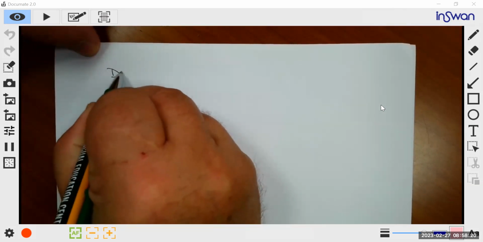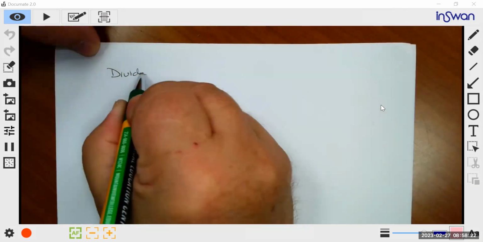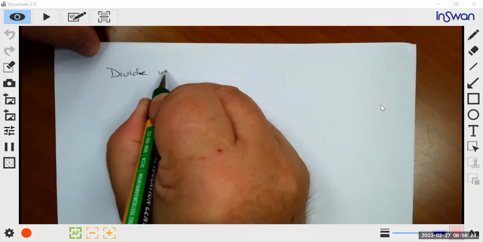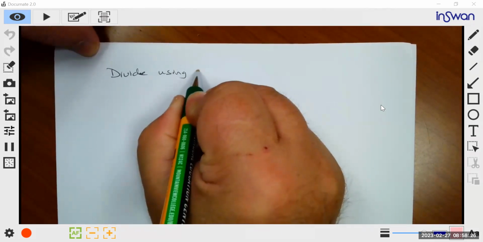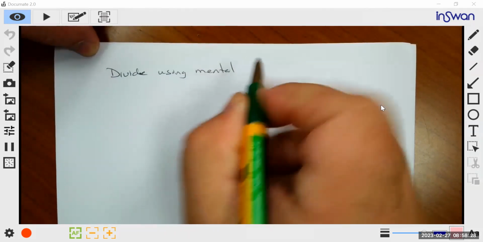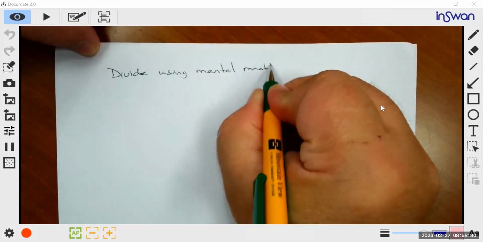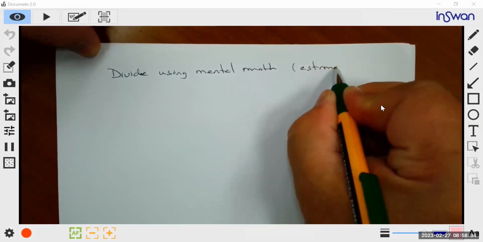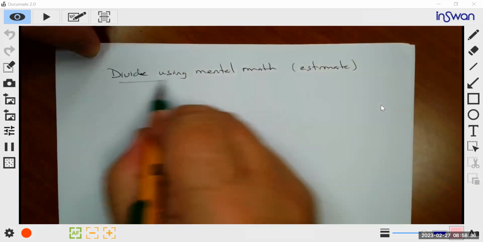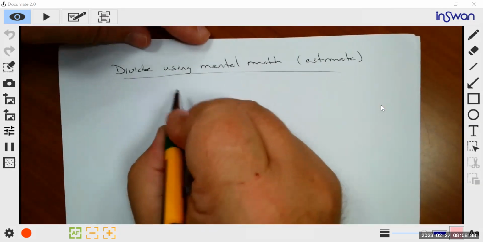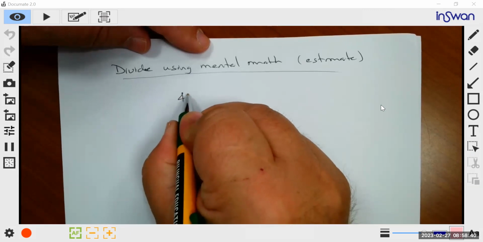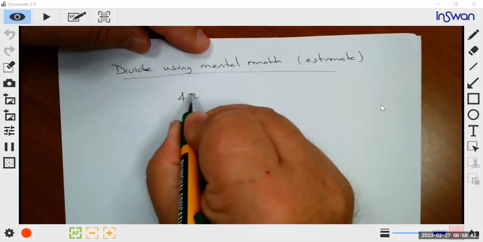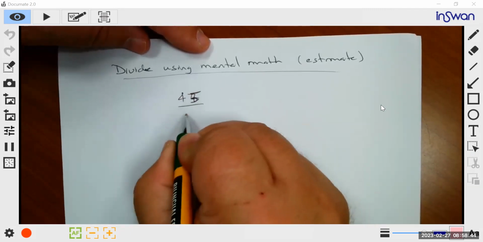We can divide using mental math or estimate. So 47, I'll say 45 divided by 5.